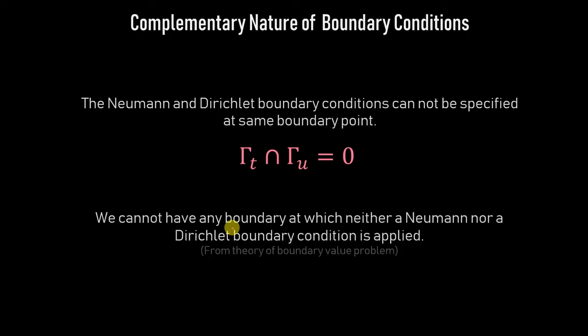And what about the union? The union should be the complete boundary. That is, there shouldn't be any undefined part of the boundary. We can't have any boundary part at which neither the Neumann nor the Dirichlet boundary condition is satisfied. For completely formulating your problem, you need to define everything on your boundary.